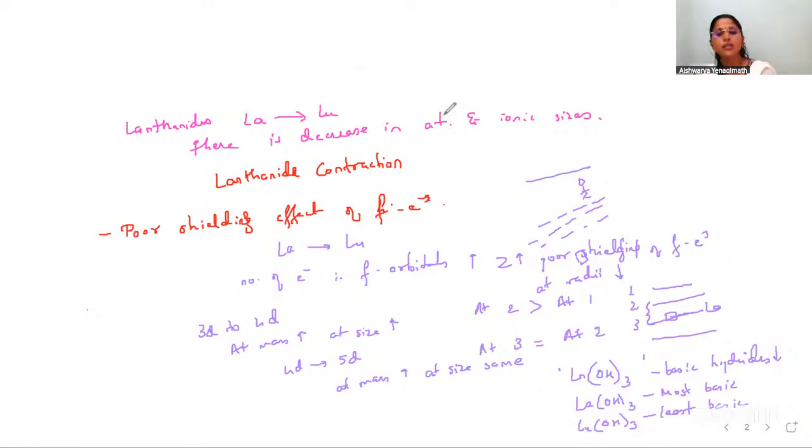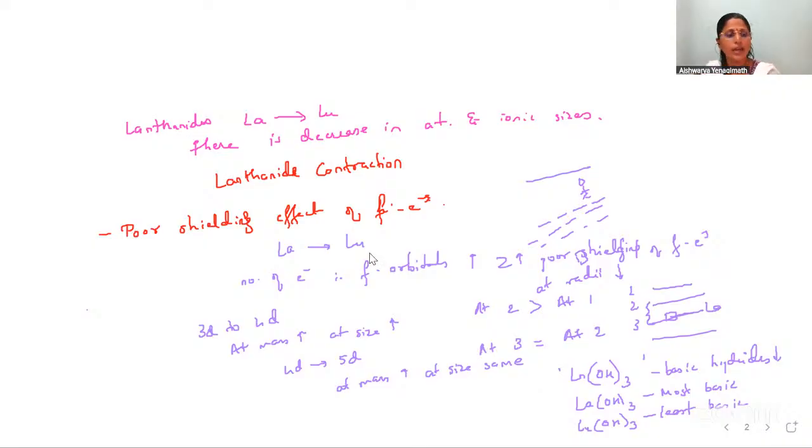Then the second consequence, the high density of post-lanthanides. Density increases because atomic size is the same, but mass is going on increasing. And for the basic character of the hydroxides, when you move from lanthanum to lutetium, there is a gradual decrease in ionic radii, therefore basic character also goes on decreasing. Most basic is at the beginning of the lanthanides, least basic is at the end.